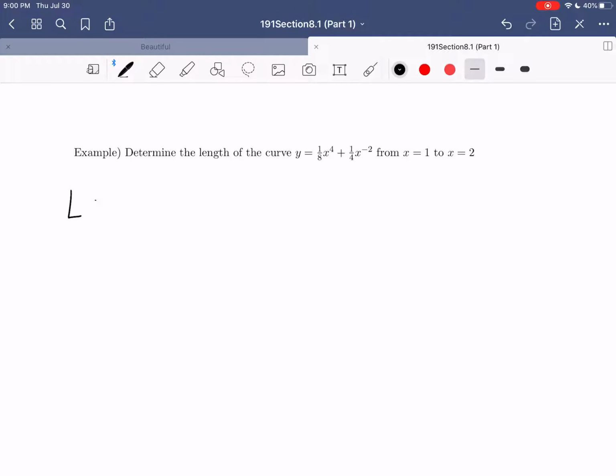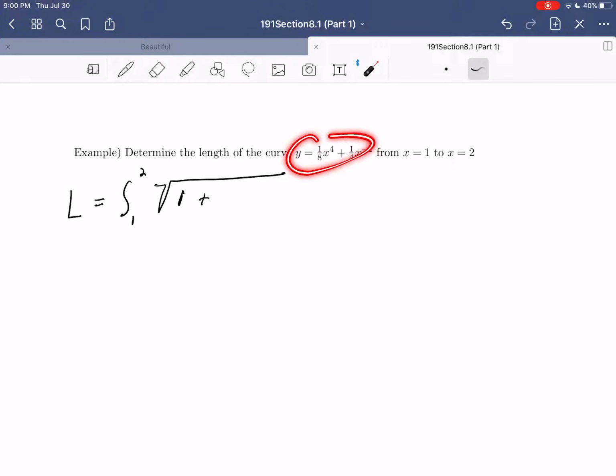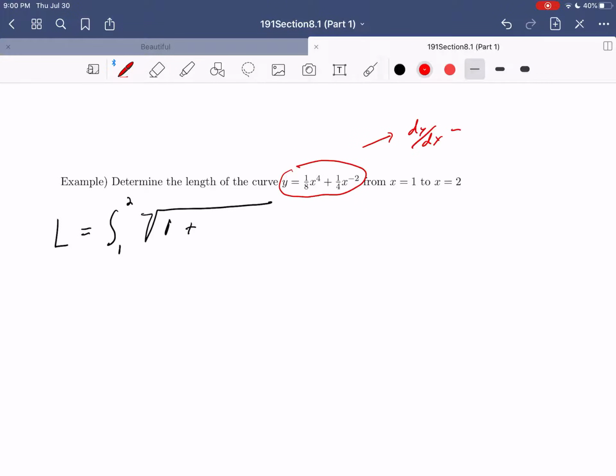Again, setup should be very easy. We're going to have the integral from 1 to 2, square root, 1 plus. Need to go find the derivative of this, so let's go ahead and just do that over here. dy dx, derivative with respect to x this time, because it looks like everything's in terms of x. Drop the 4 down, looks like we should have 1/2 x cubed.